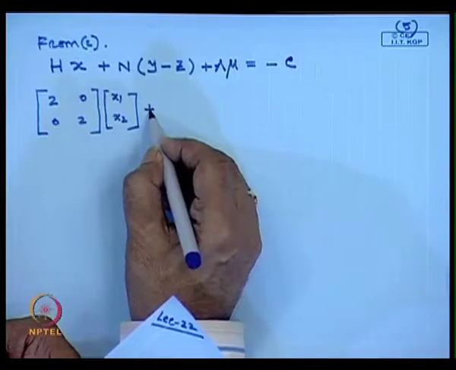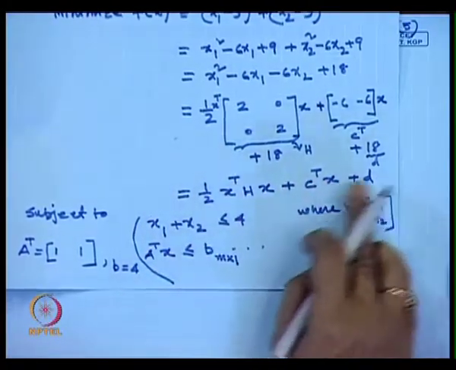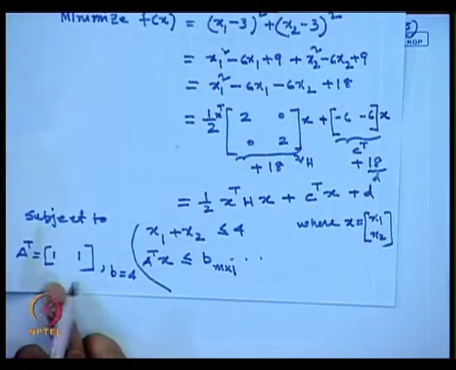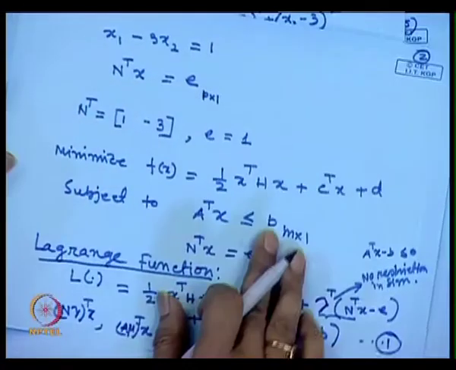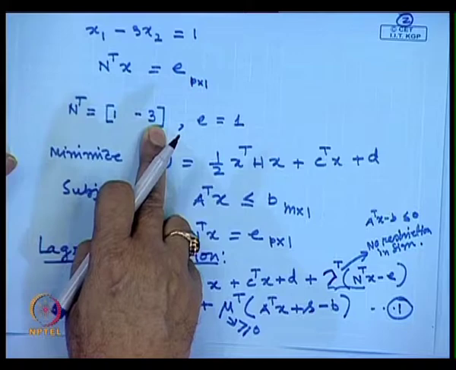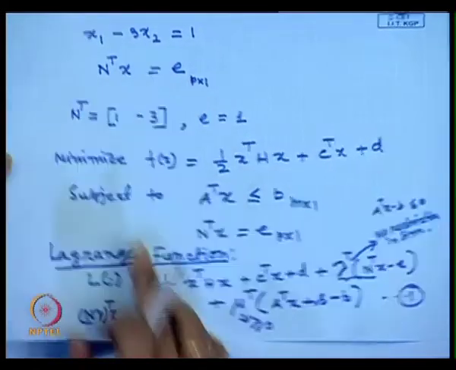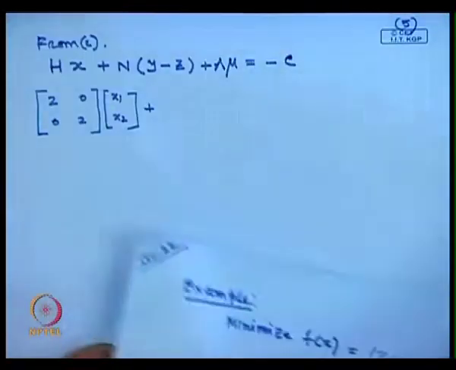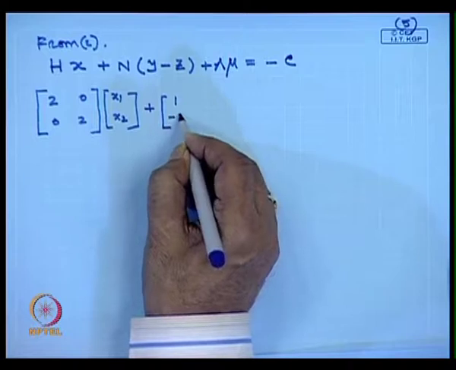Then what is n? In our case, where is the inequality constraints? Equality constraints, this is our n. n transpose is 1 minus 3, so n will be 1 minus 3.